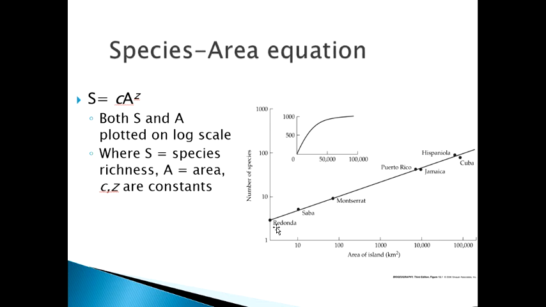And just a quick look here, even if you don't know the names of all these islands, Redondo, Saba, Montserrat, etc., all the way up to Cuba, these are islands plotted with progressively larger and larger areas. And notice that as area increases, you get a positive slope to this line because the y-axis is number of species.